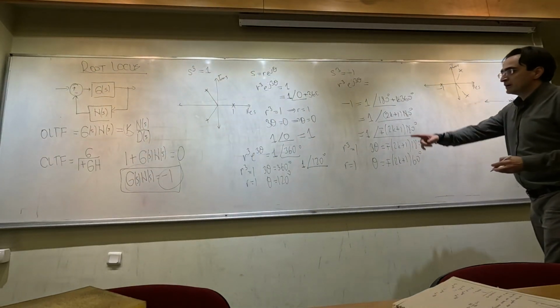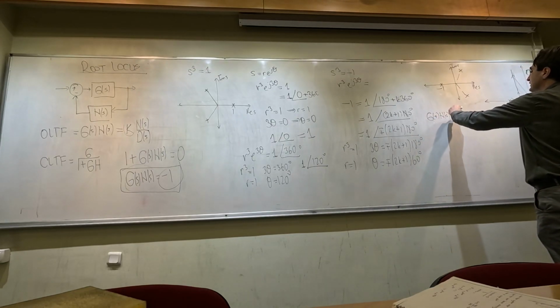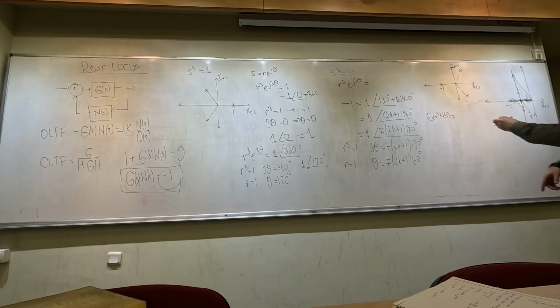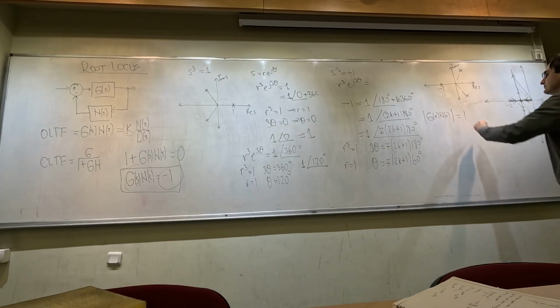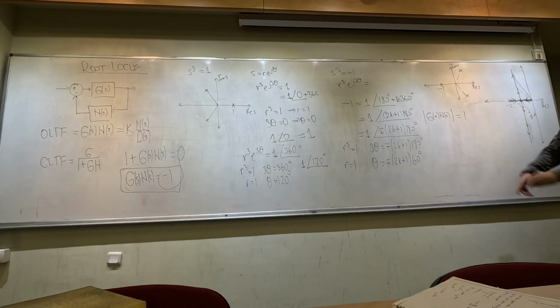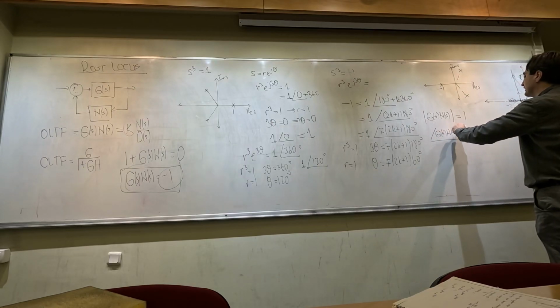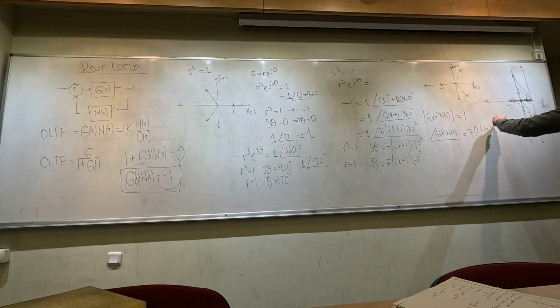But here, I know that for that equation to be satisfied, g of s, h of s should be equal to minus 1, meaning that the magnitude of this thing should be 1, okay? And the angle or the argument of this quantity, g of s, h of s, should be equal to plus minus 2k plus 1, 180 degrees, okay?